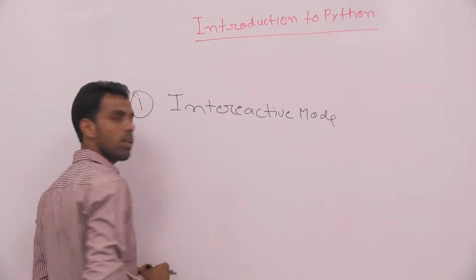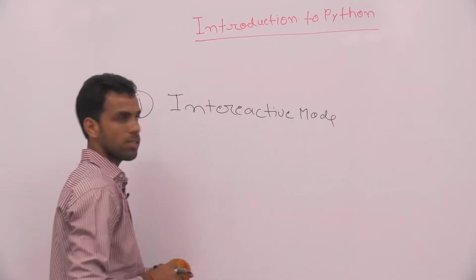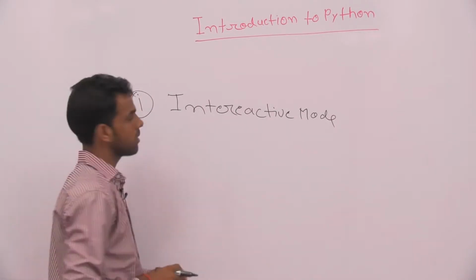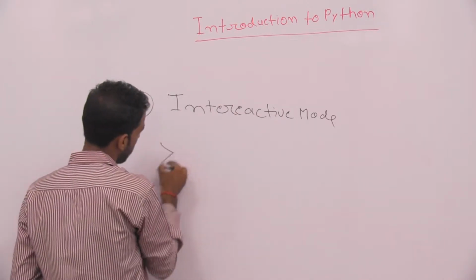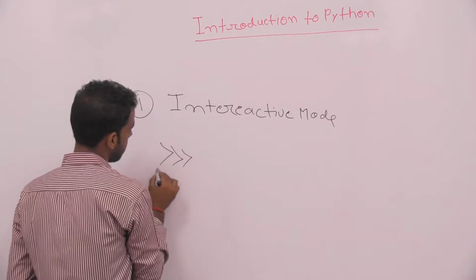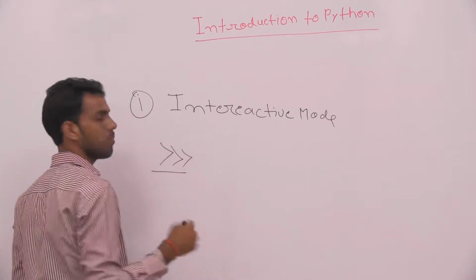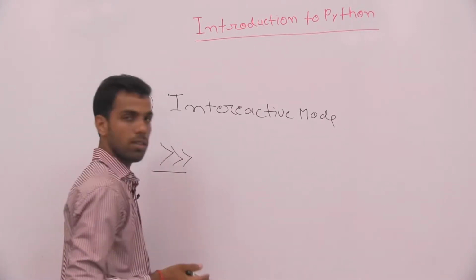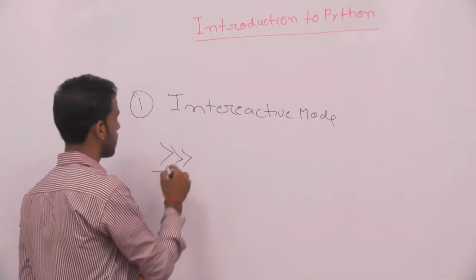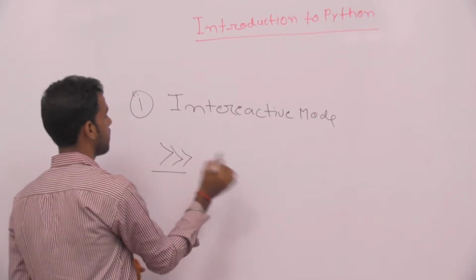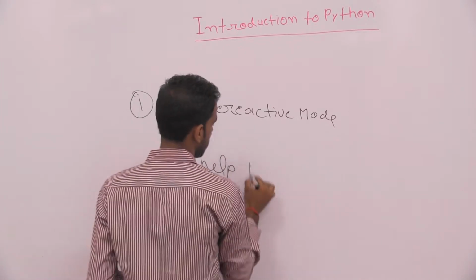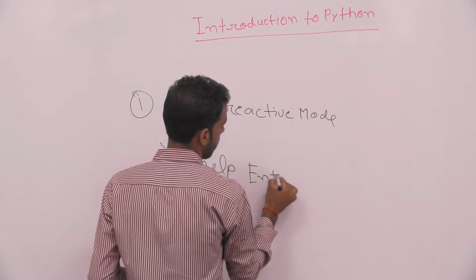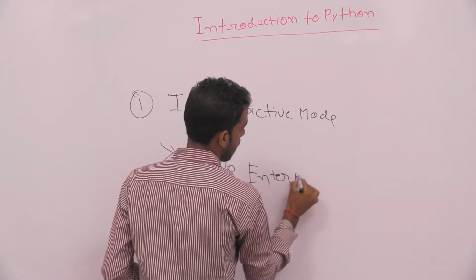When we open the Python shell, there will be a welcome message displaying the Python version, and then there will be a primary prompt. Whatever Python commands we want to write, we write after the primary prompt, and after writing the command, we press the enter key and we get the output.